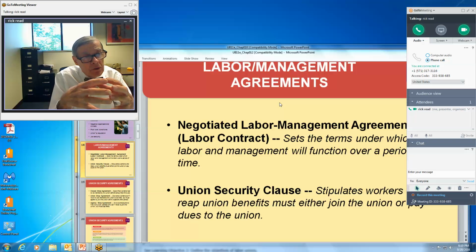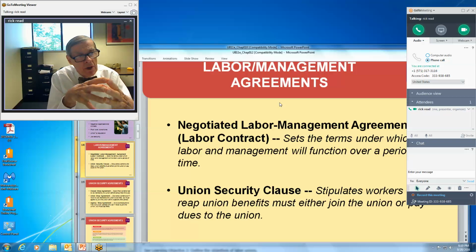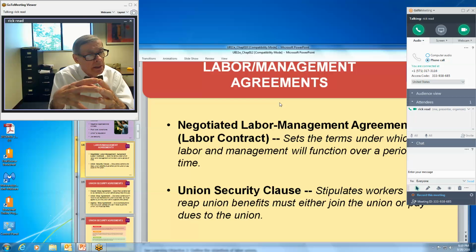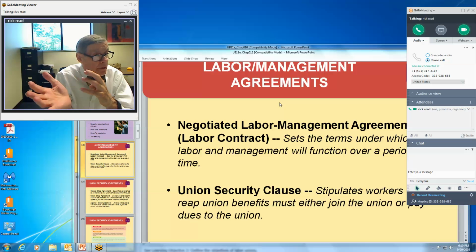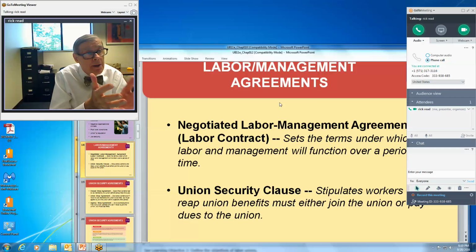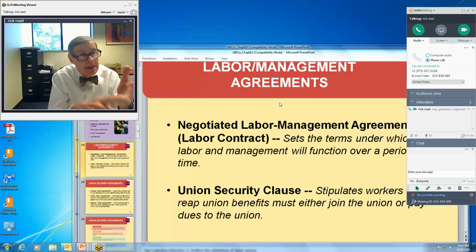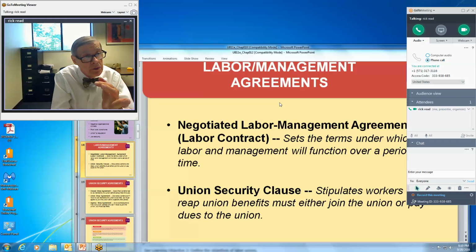But we have to look at something here, and it's a question of fairness. If I'm a union member, or if I'm not a union member, but I'm getting all the benefits of the union, shouldn't I have to somehow either pay dues or join the union, one of the two?